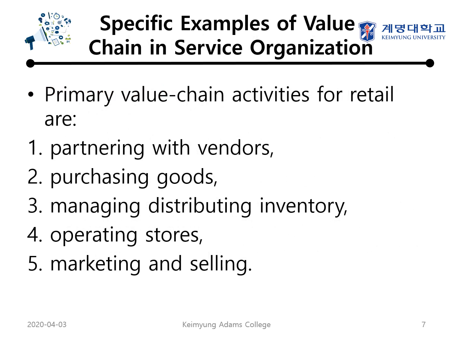In this early time of our discussion, I already included specific examples of value chain in service organizations. Primary value chain activities for retail include a program like partnering with vendors, purchasing goods, managing and distributing inventory, operating stores, marketing, and sales.